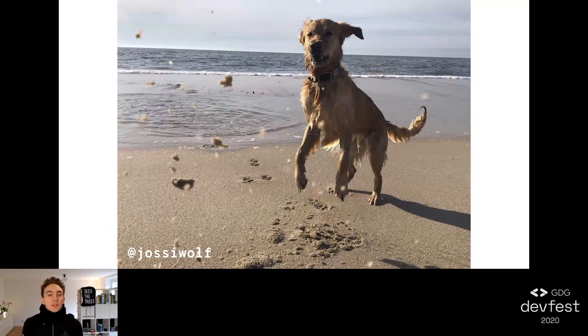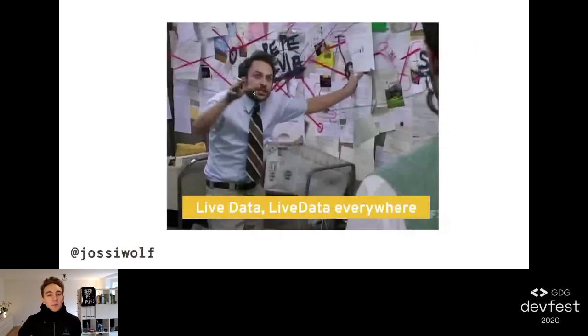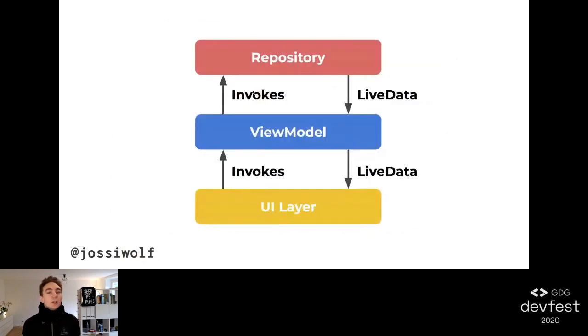We see a lot of projects in my company, and recently we joined a new project, and it had LiveData literally everywhere, in every layer. It followed a standard-ish architecture separation between UI layer, view model, and the repository.